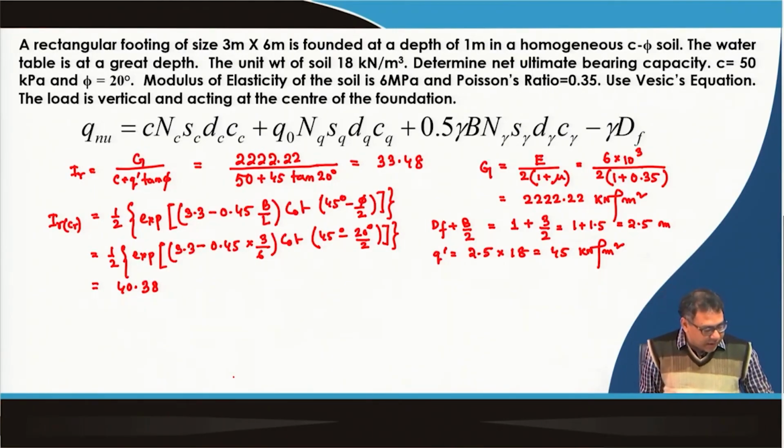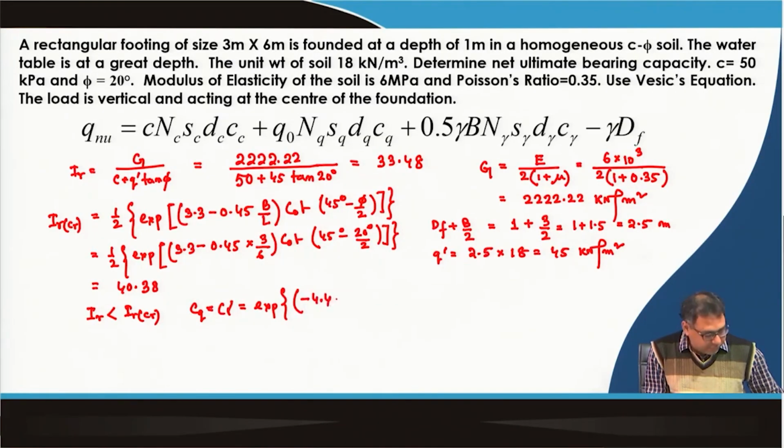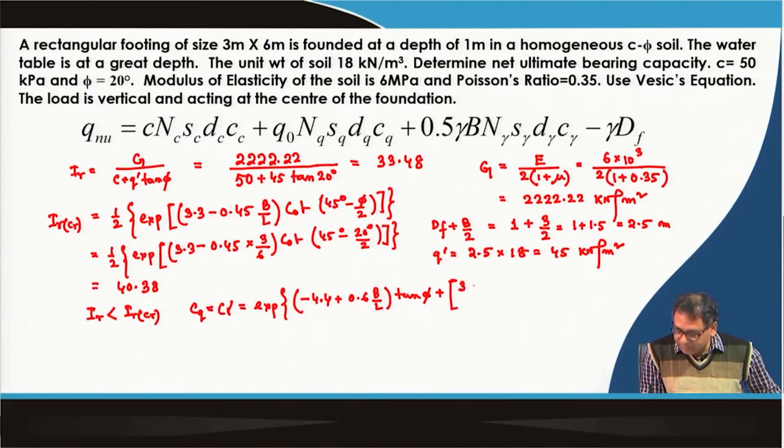Let us see. Now, I can see that my IR is less than IR critical, so I have to calculate these factors, C q and C gamma, which is equal to exponential of (minus 4.4 plus 0.6 B by L) tan phi plus (3.07 sin phi) into log of 2 IR, divided by (1 plus sin phi).